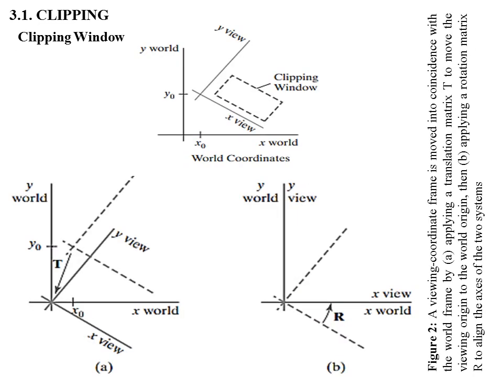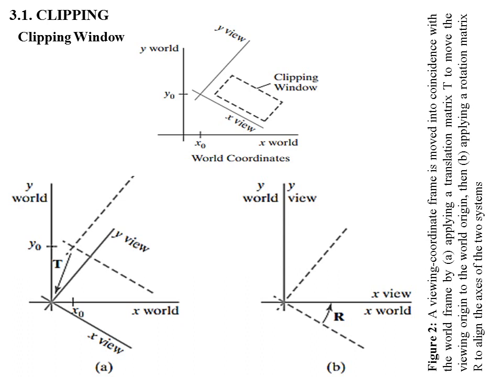As you can observe, the top figure represents your initial state of the coordinate axis. If you need to apply any operation with respect to the object defined in the clipping window, you are supposed to bring that viewing coordinate axis to the world coordinate axis. The first step is to bring the viewing coordinate axis to the world coordinate axis in such a way that the origin of the viewing coordinate axis coincides with the origin of the world coordinate axis.